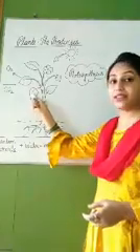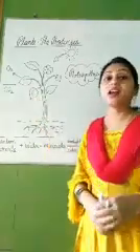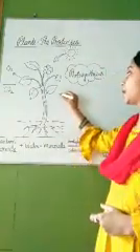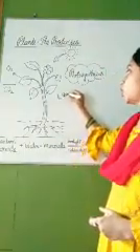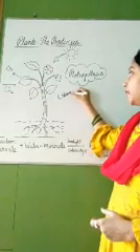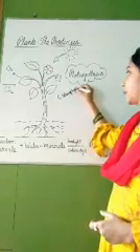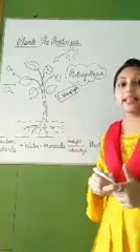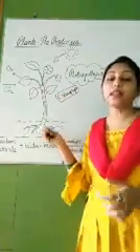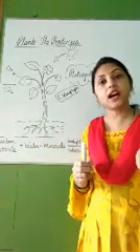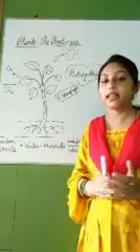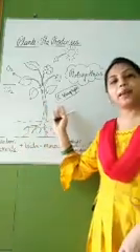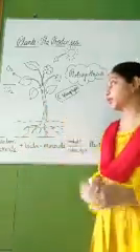Now in these leaves, there is a green colored pigment. That pigment is called chlorophyll. This chlorophyll gives green color to the leaves. The leaves look green because of this pigment, chlorophyll.